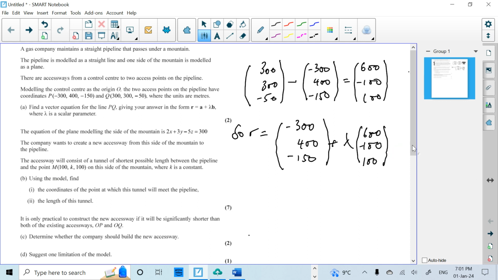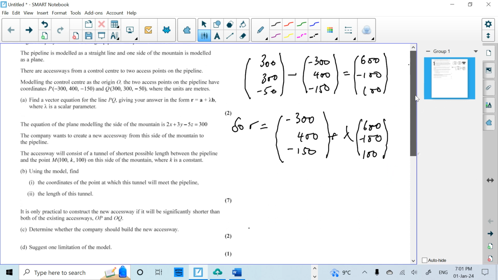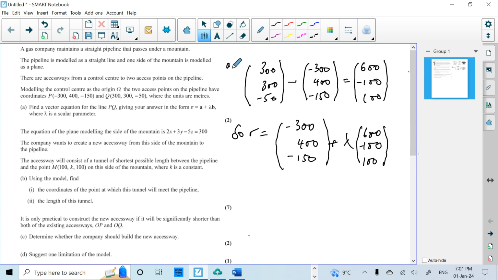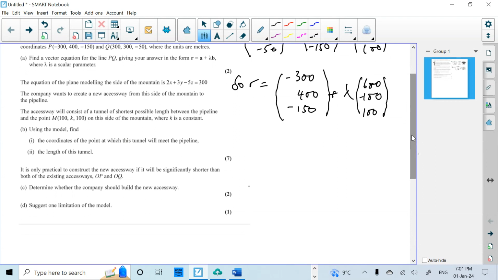Now, let's just write A here, because this is A, and I've got me 2 marks already. Now, you need a point on the plane from the pipeline. I'm going to write this out to explain what I'm doing.